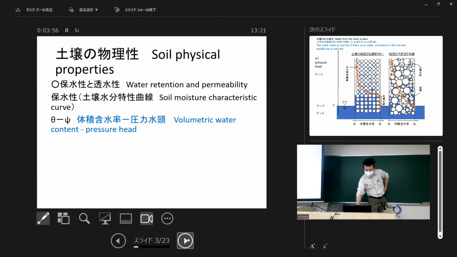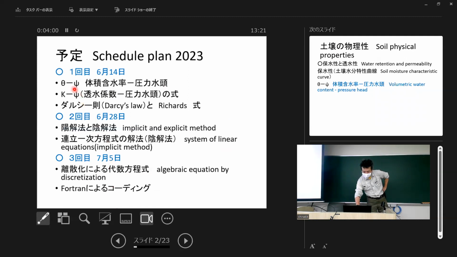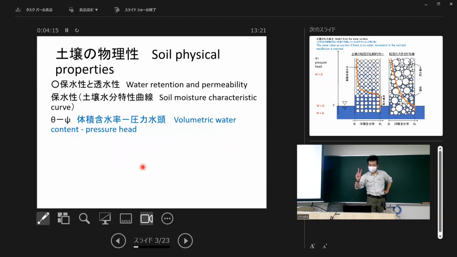That means I put 2 points on, no, only one. Yes, 2 points means the theta psi and the K psi: water content and pressure head, and permeability and pressure head. I said two, but there's only one here. First of all, we'd like to learn what theta psi means.